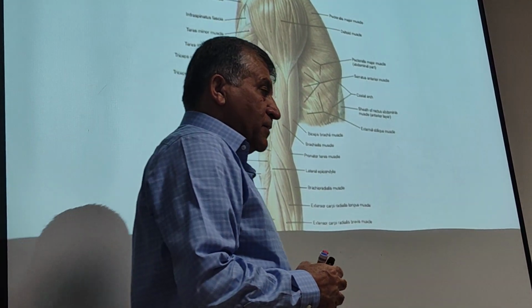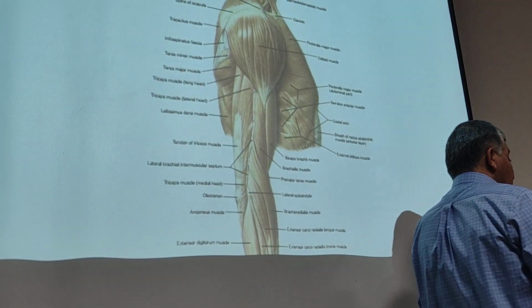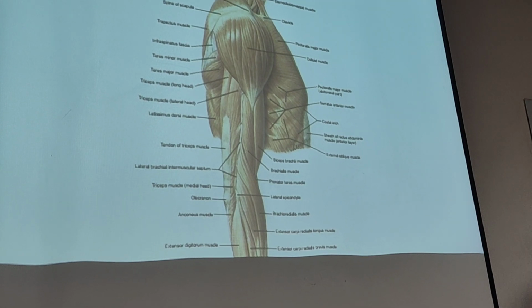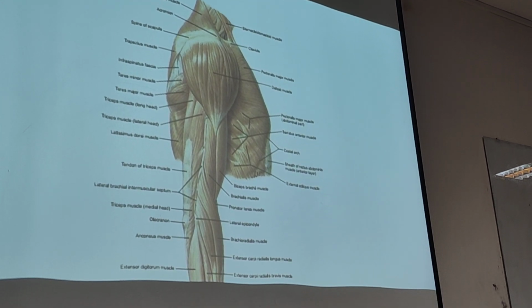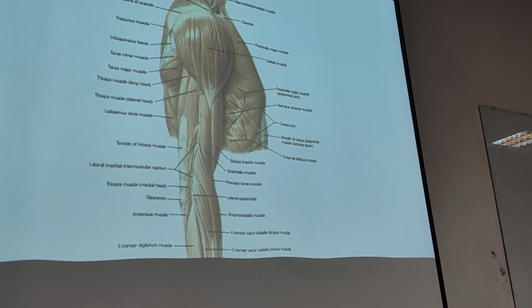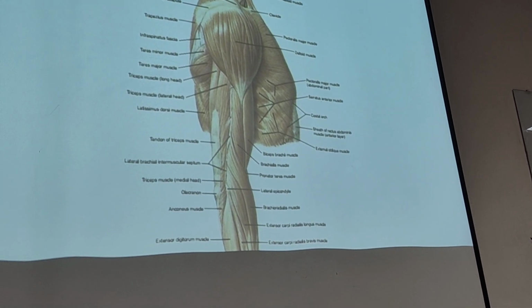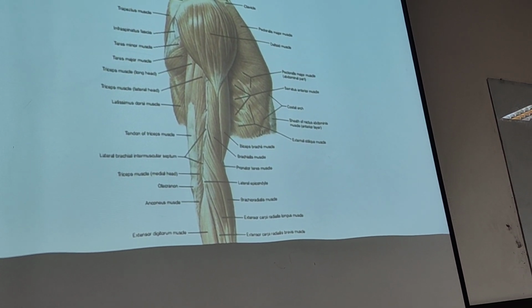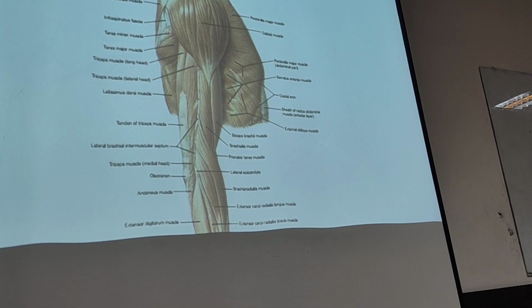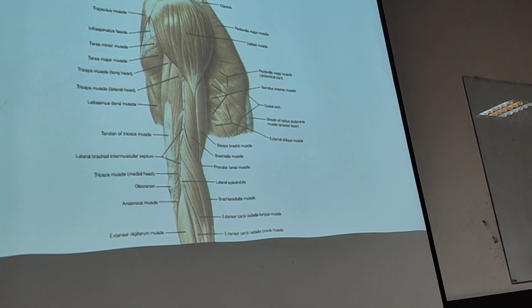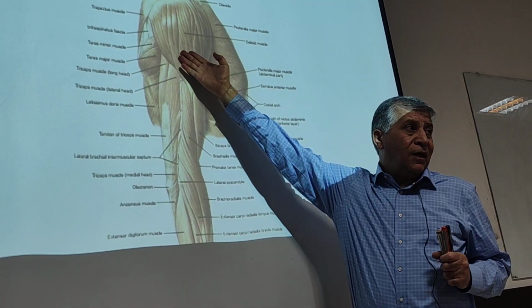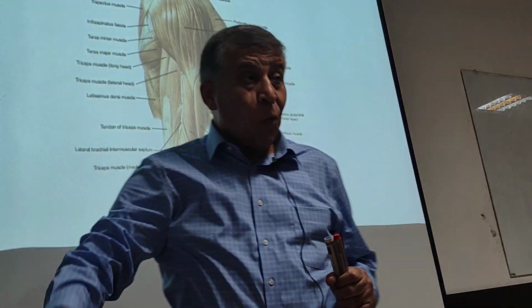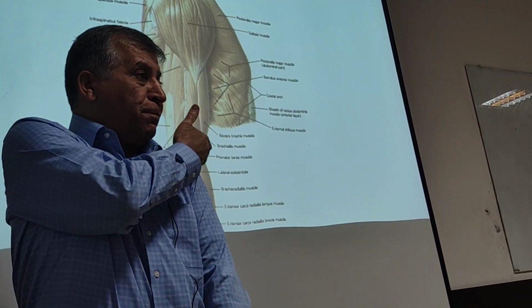The deltoid muscle is important for intramuscular injection. In the COVID period, all of us had the experience of vaccination. This vaccination is given into the deltoid muscle. Which part of the deltoid, upper or lower?